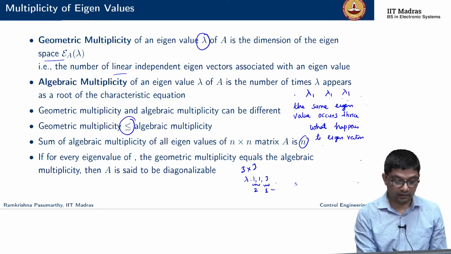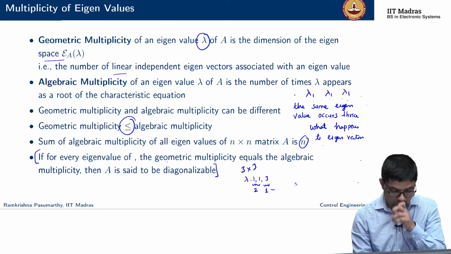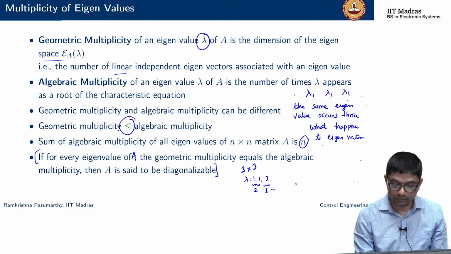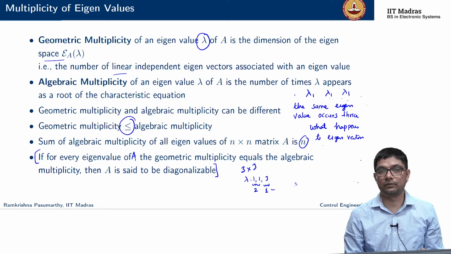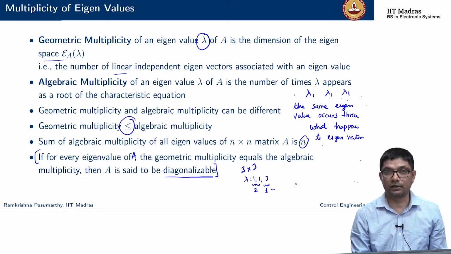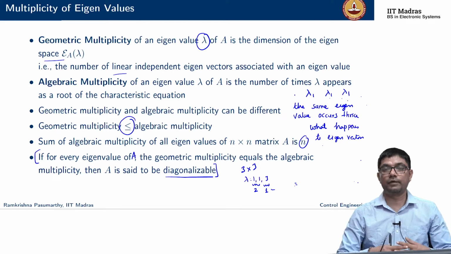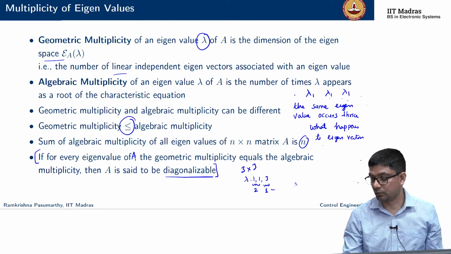Okay, and this is important: if for every eigenvalue of A the geometric multiplicity is equal to the algebraic multiplicity, we say that the matrix is diagonalizable. Don't worry if this is a new term, we will get familiar with it very soon.